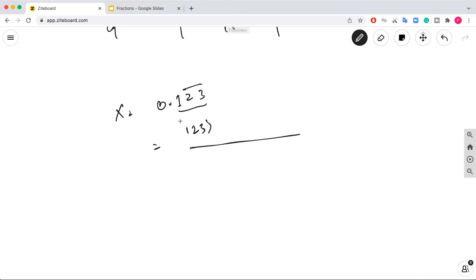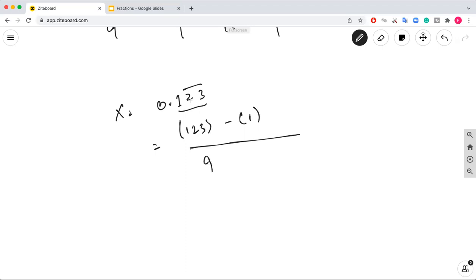For example, we have 0.123 and only the 2 and 3 are the repeated portion. In such a question, how can we proceed? It will be 122 by 990. The total value 123 minus the non-repeated value 1, divided by, first of all, 9.